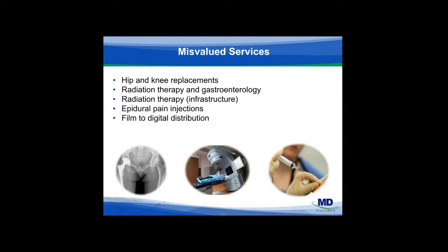Misvalued services is something that the government looks at every year, and in past years, CMS has been very engaged in a vigorous effort to identify and review potential misvalued codes and to make adjustments either up or down, particularly down, where appropriate. Hip and knee replacements is a good example. In 2014, the Physician Fee Schedule final rule adopted code and valuation changes that actually reduced the payment for hip and knee replacement.